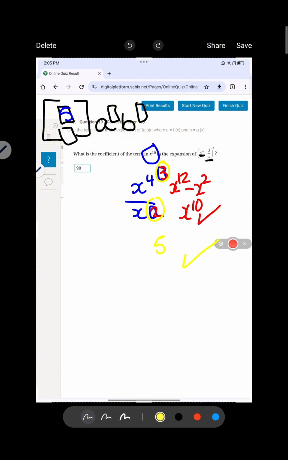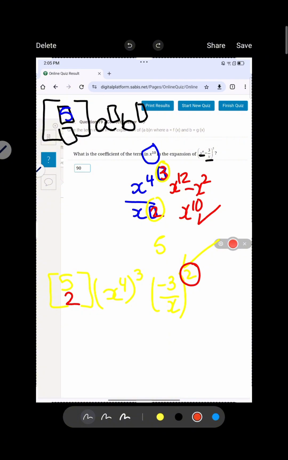Now, just apply it. Put 5, and then A is x to the power of 4 to the power of 3. Okay, and then negative 3 over x to the power of 2, and then what's here in this box? The same as here. So here it's 2.